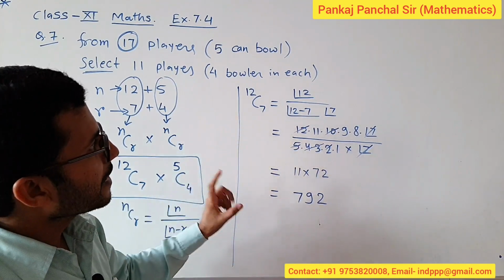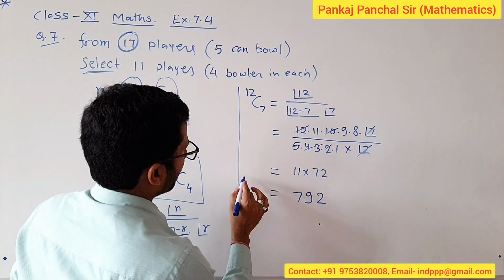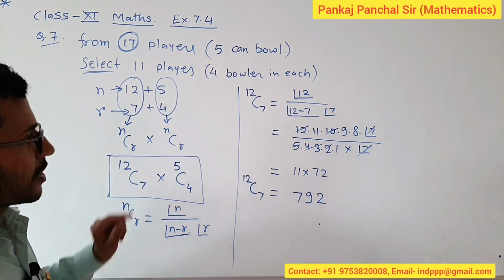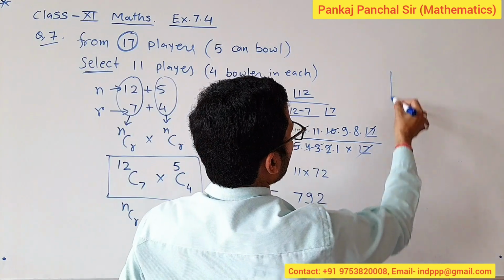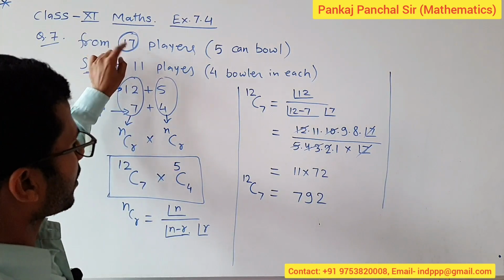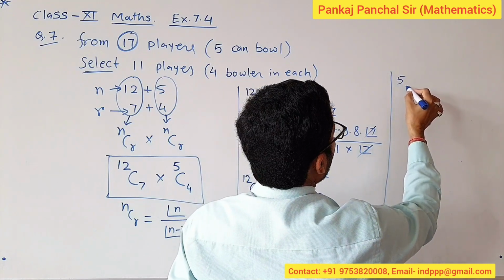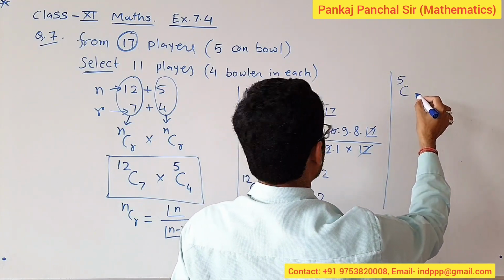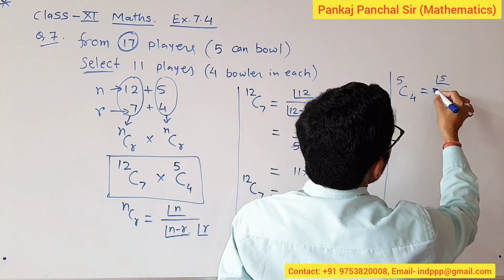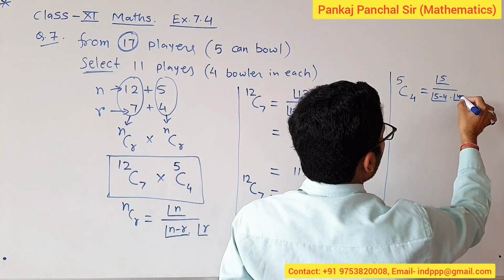Okay, this is 12C7. Now we need exactly 4 bowlers. There are 5 bowlers here, and we need 4. So 5C4 will give factorial 5 divided by factorial 5 minus 4 into factorial 4.